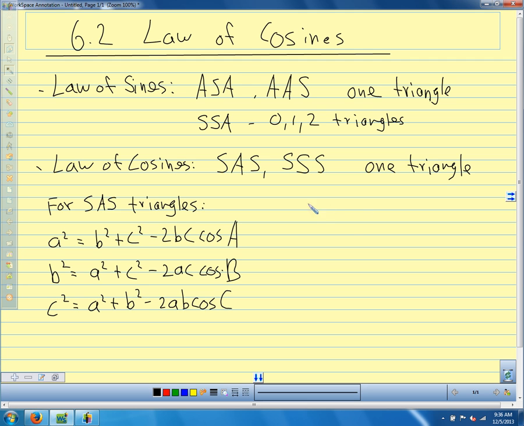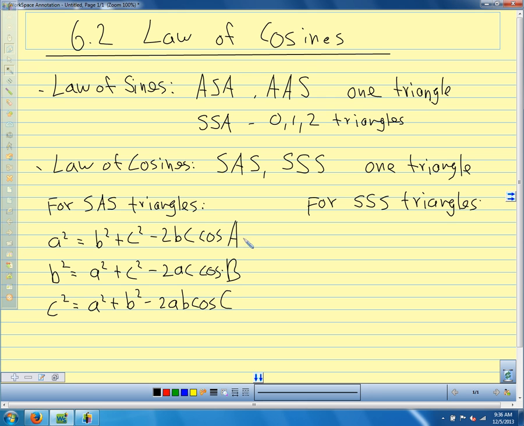Now for side-side-side triangles. We don't have any angles, so we need to figure out the angles. I'm just going to solve each of these for cosine A, cosine B, and cosine C, and then we can use the inverse cosine on our calculator to find the angle.